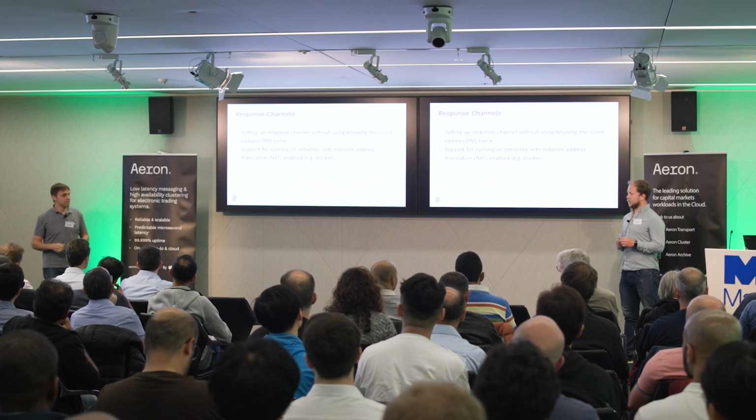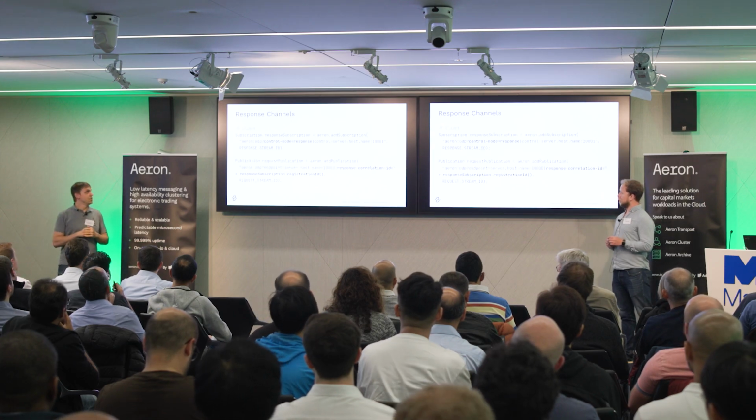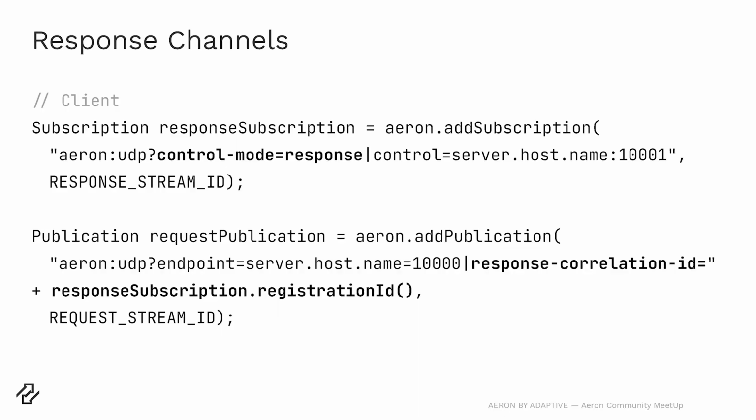I think we have a slide with examples. It's much easier for me to talk to you by showing the example. So what you see here, when you create the setup, is a bit different. It's a very specific order in which things have to be created. First, we create a subscription to the remote side. So this is the client side. And the subscription has a new control mode. You've probably seen control mode dynamic and manual for MDCs.